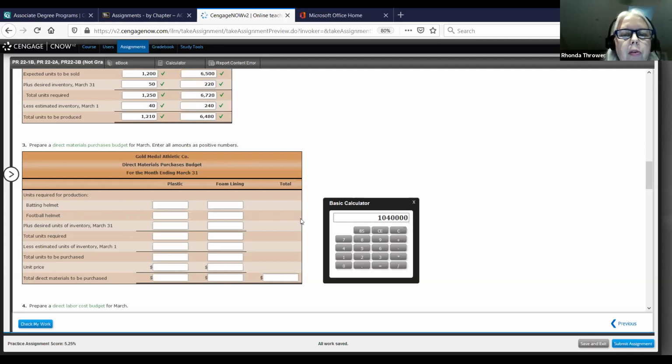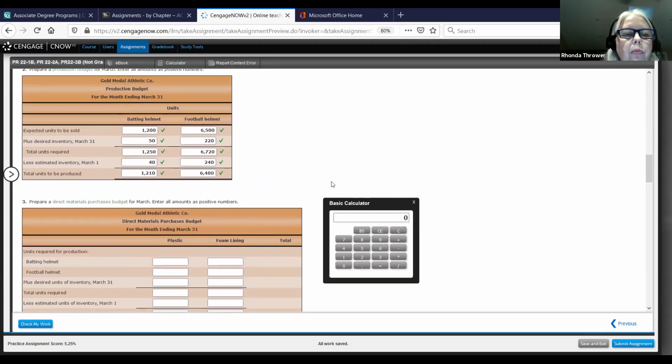So there's some computations here that we're going to have to look at. First of all, you need to remember how many units are required for production of the batting helmets. And you see your production budget here. The batting helmets that we need to produce during this time period is 1,210 units. So I'm going to go ahead and put that in my calculator.